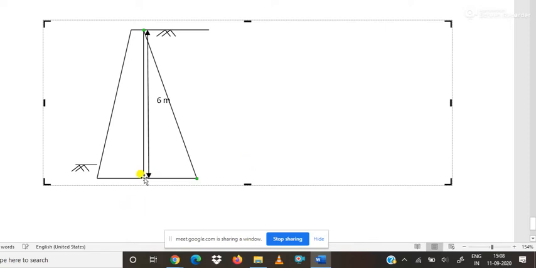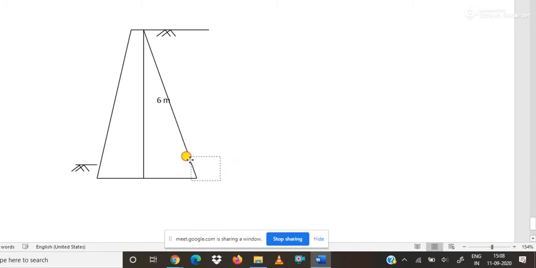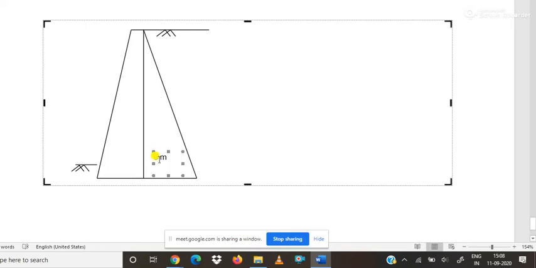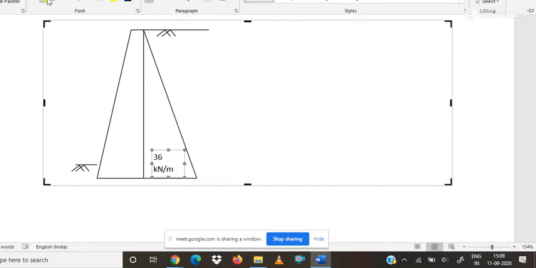The value at this point is 36 kilonewton per meter square.